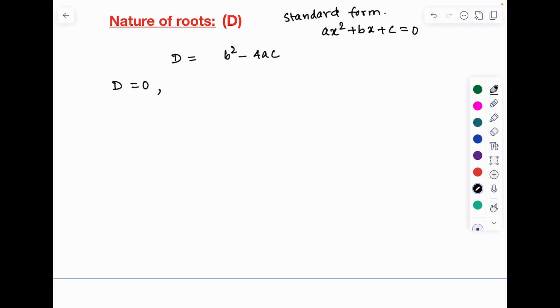If D is equal to 0, then we will find roots are real and equal. If D is greater than 0, we will find roots are real and unequal.